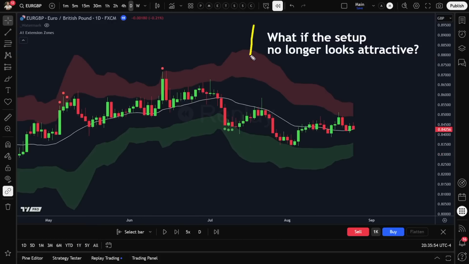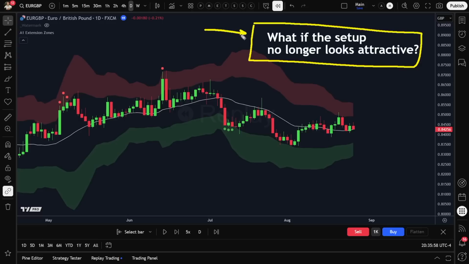The next portion of this video is going to be focusing on if the chart is moving against you and the setup itself no longer looks attractive. I'm usually willing to continue to add to a dollar cost averaging position if the setup still looks attractive. Meaning, let's say I'm bullish on something and it keeps going down. As long as I'm still bullish, I'm happy to continue to add to my long position as the price moves lower.